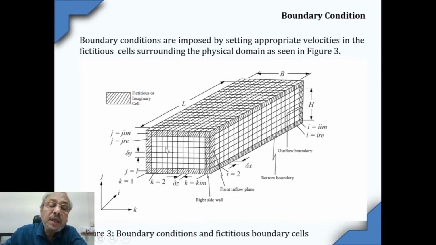So at the entry I equal to 1, j will vary from 1 to j max or jm, and k will vary from 1 to km, but one need not be included in setting up the algorithm, because if we set k equal to 2, the boundary condition will be induced with that.